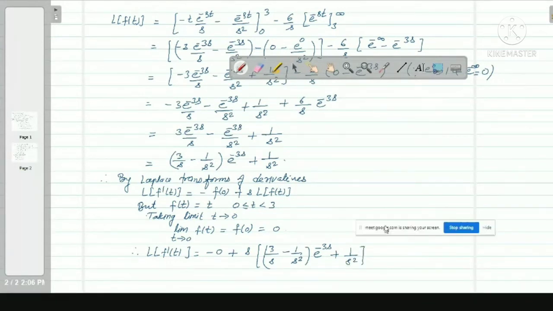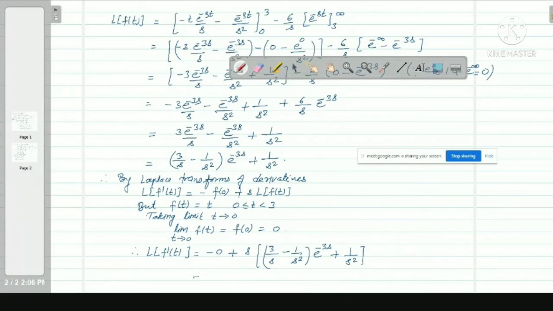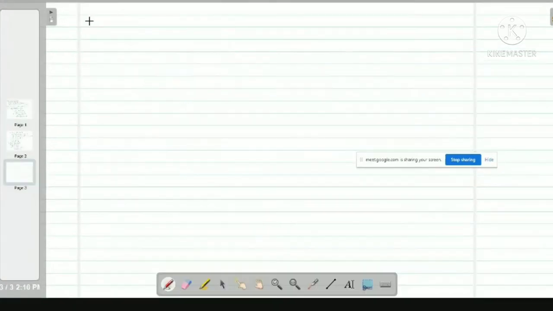Now let us simplify this. Multiplying 3 inside the bracket, you will get 3 minus 1 upon s, e raised to minus 3s, plus 1 upon s. So this is your Laplace transform.